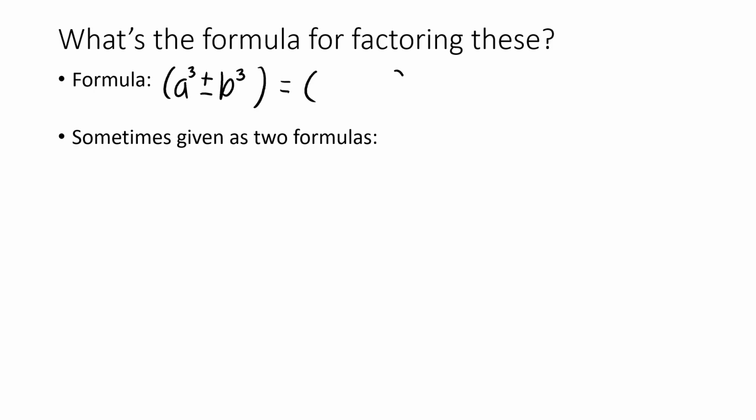And then when you factor that, it will always factor into a smaller parenthesis and a bigger parenthesis, and we end up with a plus or minus b times a squared, and then minus plus, so you might want to note that, a times b plus b squared. Okay, and I tend to write it that way because it just saves space.